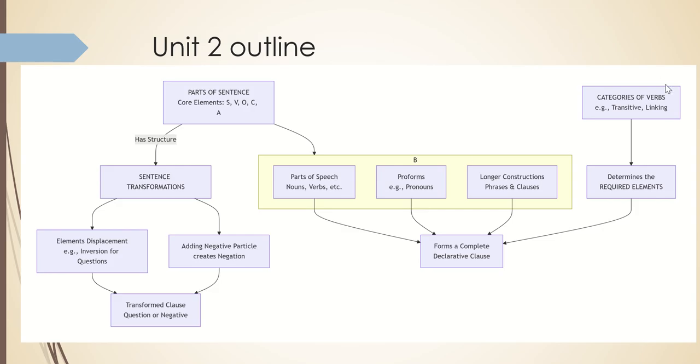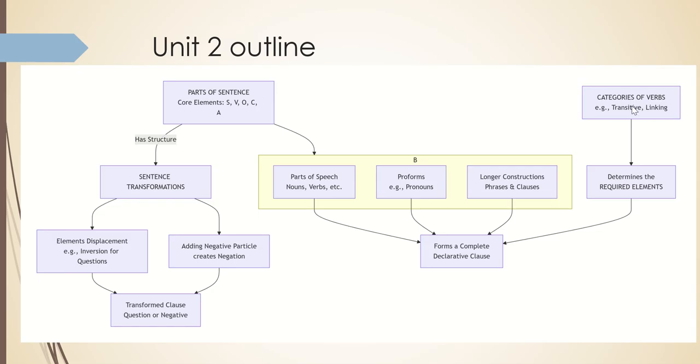On the right side, we have the categories of verbs. Now, types of verbs and their categories are very important because they determine the required elements that come after the verb. What are the required elements in the sentence? And consequently, it shows the sentence pattern.